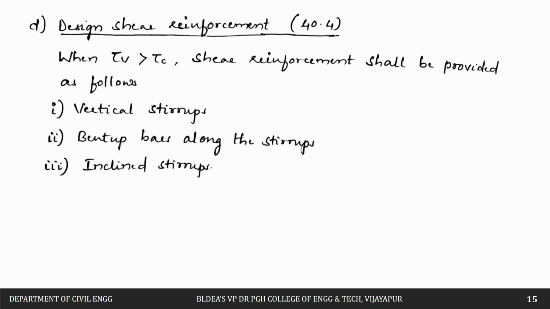Then next is design shear reinforcement, which is given in clause 40.4. If tau v is less than tau c, minimum shear reinforcement has to be provided. If tau v is greater than tau c, then the next conditions apply.